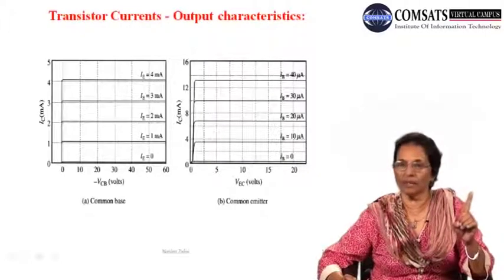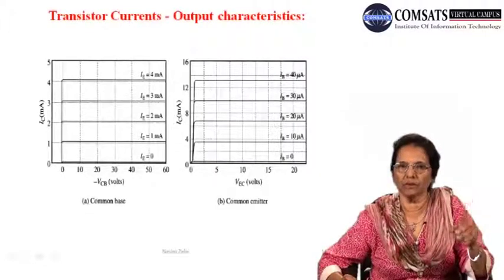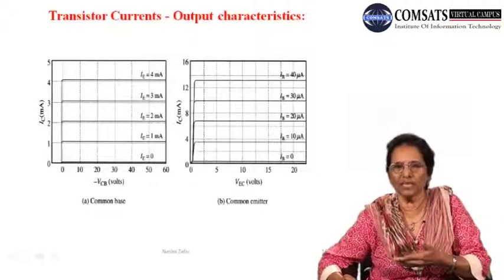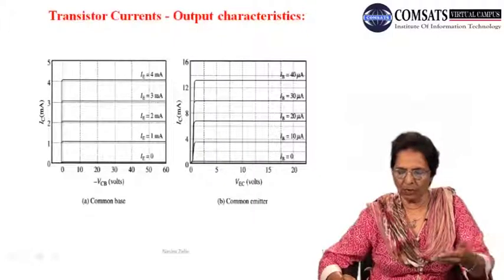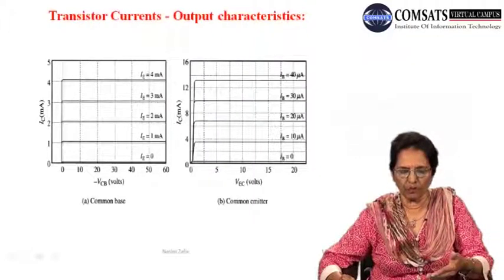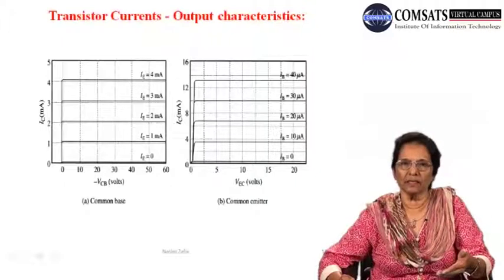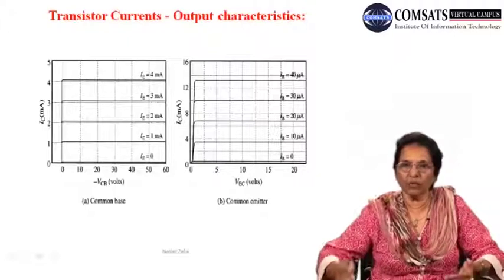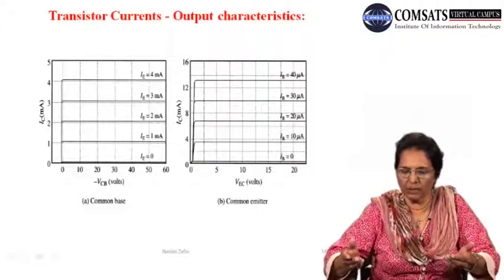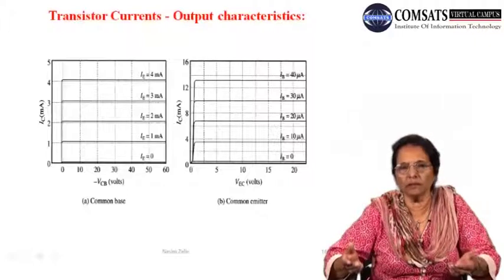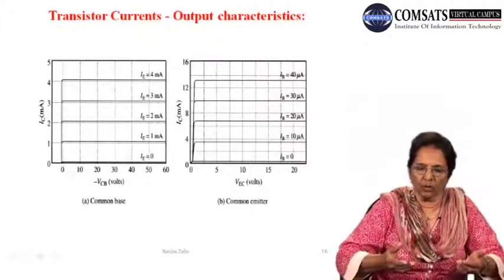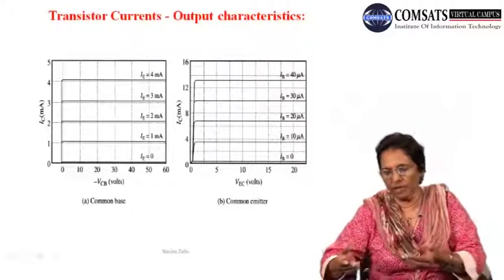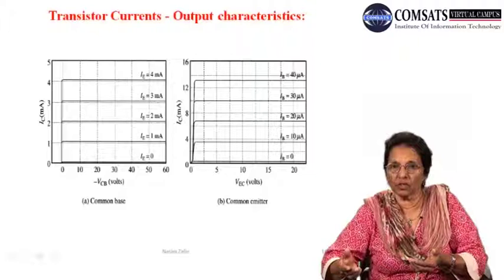Here is the same comparison that I've been talking about, the comparison between slide 11 and slide 15. Now you notice that in the common base configuration in the diagram marked A and the common emitter configuration marked B, you can compare the input currents: IE for the common base configuration and IB for the common emitter configuration.